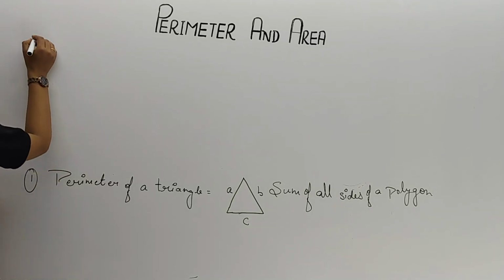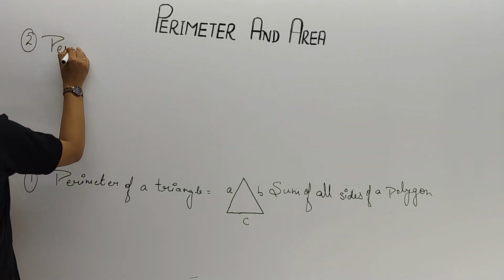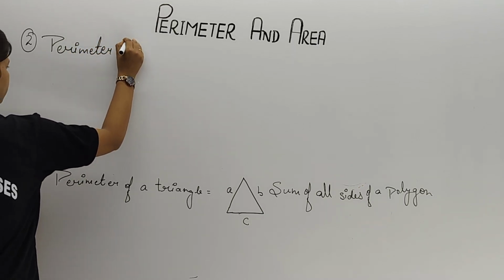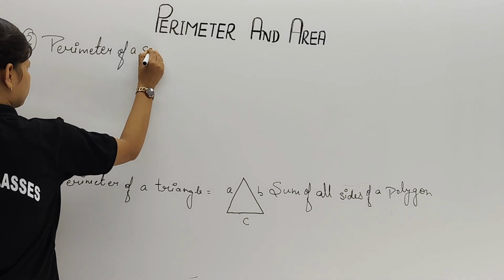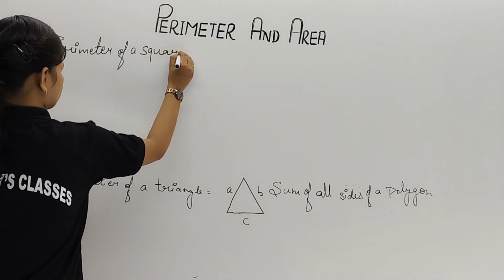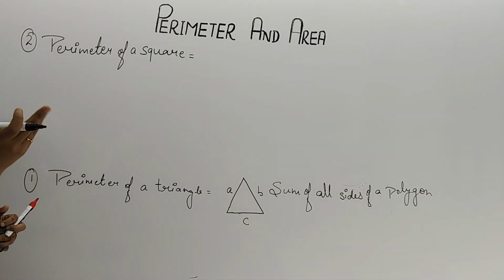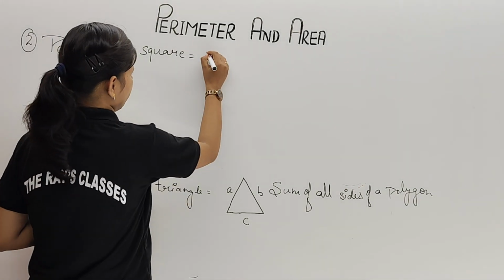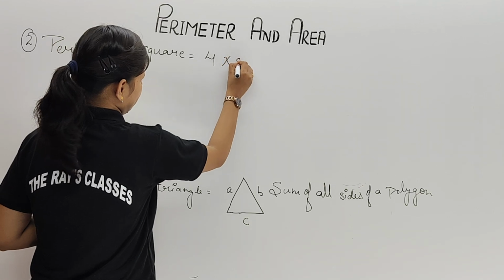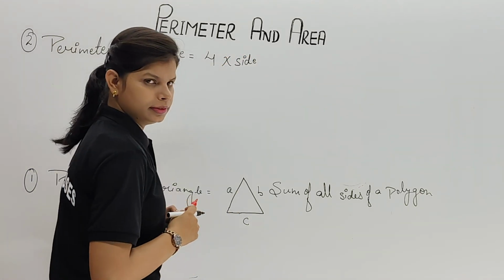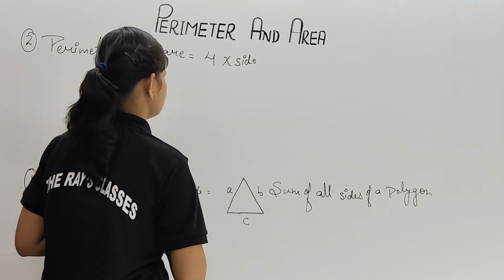This is our first formula. Second is the perimeter of a square, equal to 4 into side. The formula is 4 multiplied by side. Clear? 4 multiplied by side.